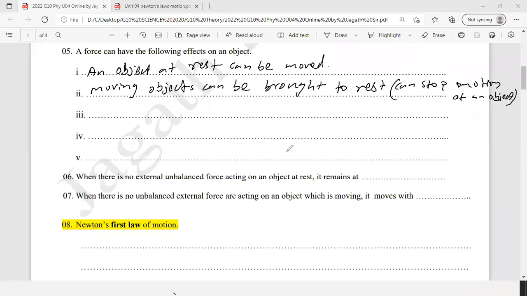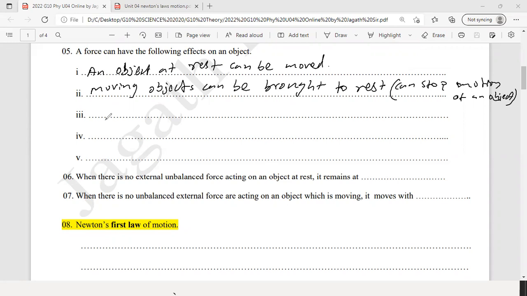Right. Then what else? You can change the direction of the moving object. Example, rugby, football, cricket. The leather ball is sent towards the wicket. The batsman hits the ball, then the direction of the ball changes.